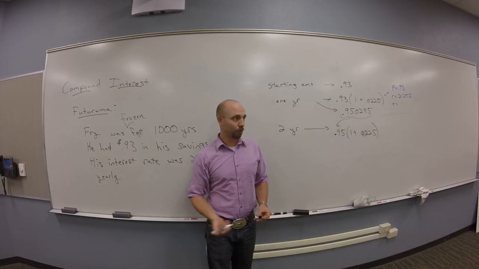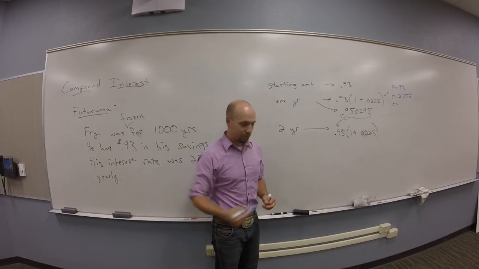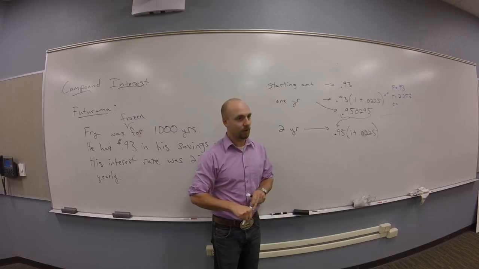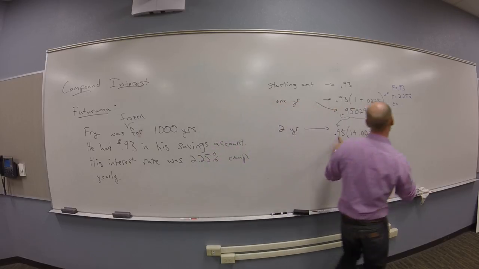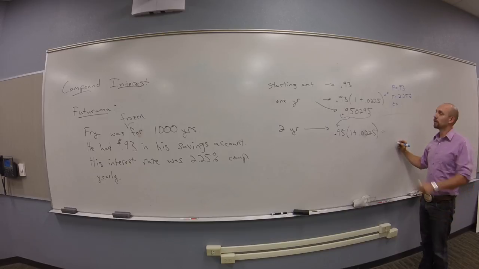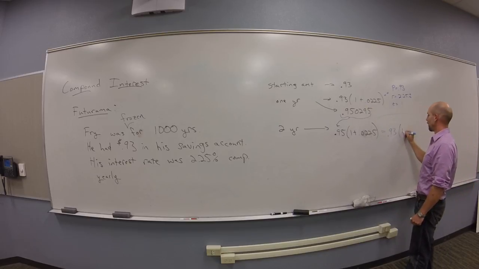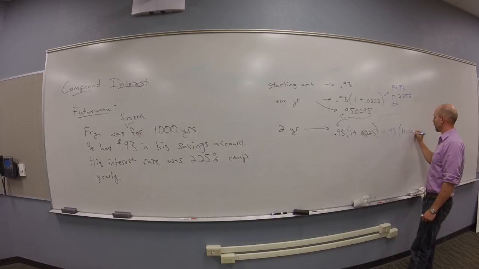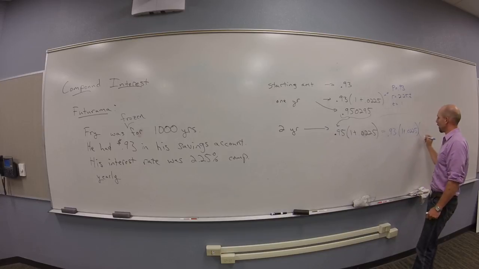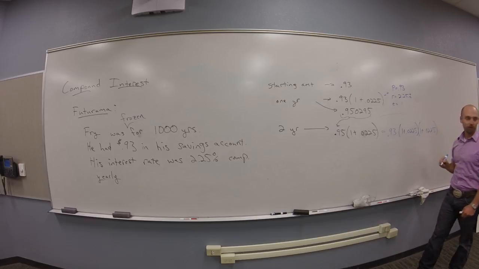That's simple interest performed again. Right now this is not going to be obvious, so I'm going to pull this out a little bit. That 0.95 came from this thing: 0.93 times 1 plus 0.0225, times 1 plus 0.0225. You all see that?